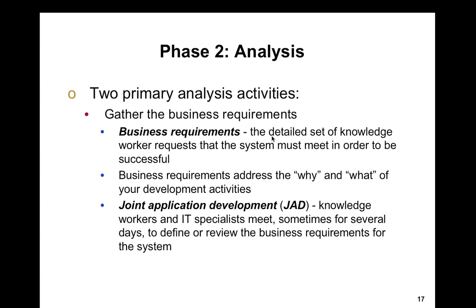There are two primary tasks: gathering the business requirements, knowing why and what you're developing and what activities you want this new system to do, as well as joint application development, which might also be part of it. It may not be required, but what ends up happening is the IT people meet with other people in the industry. They all get together and discuss it.